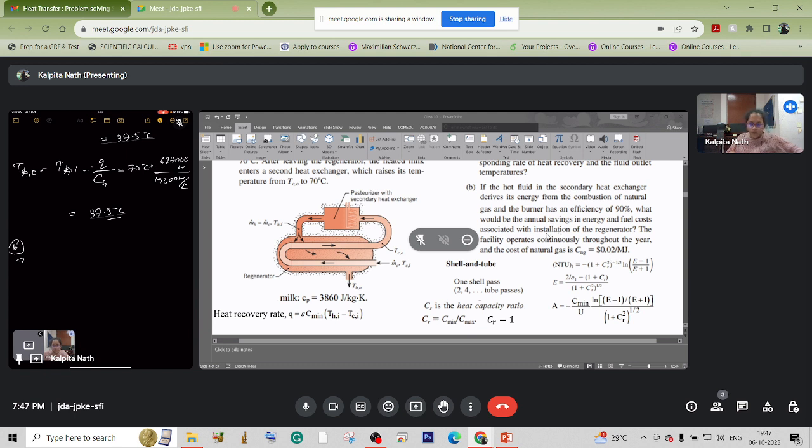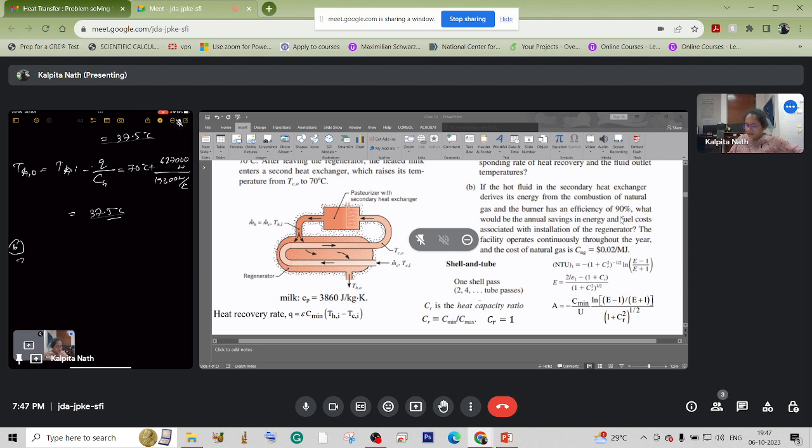We need to calculate for how many days per year. It's throughout the year, right? So there are 365 days in a year. What would be the annual savings in fuel cost associated with installation of the regenerator?